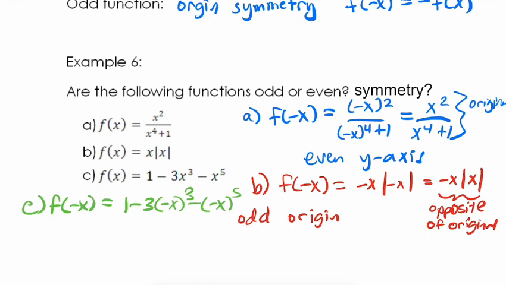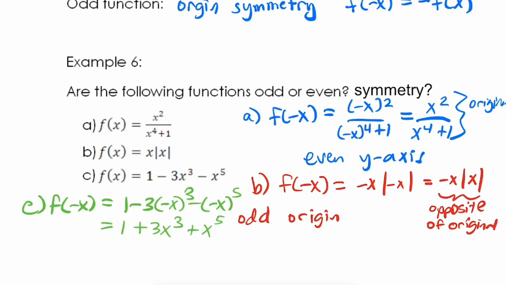If you have a negative inside a power that is even, it's going to become a positive. So this piece is going to become the opposite of what it started to be, right? And so that piece is going to become a positive 3x cubed. Same thing is going to happen here. This gives us 5 negative symbols, and then this 6th symbol turns it back into a positive. So that's going to become positive x to the 5th.